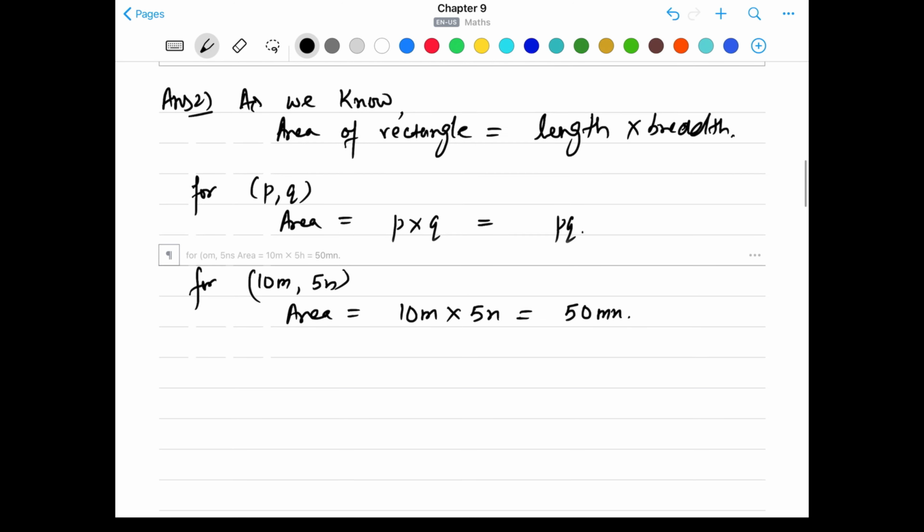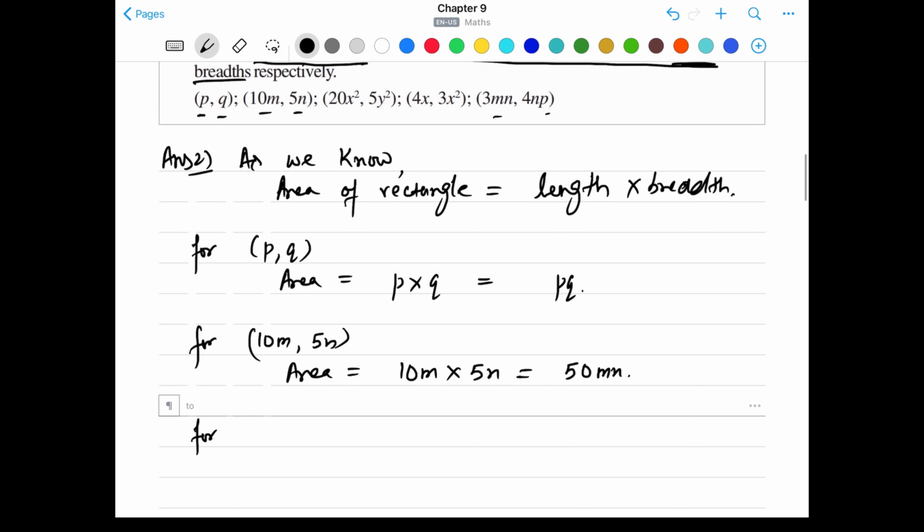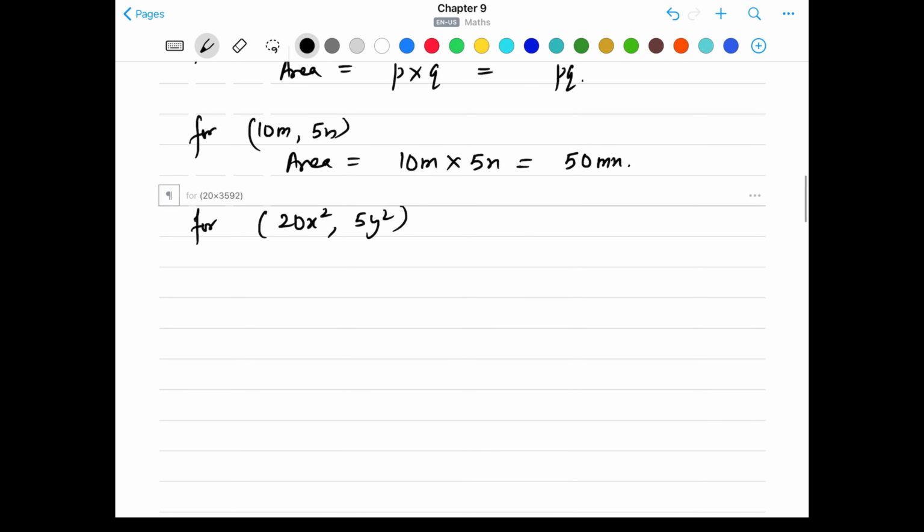Next one is for 20x square and 5y square, area will be equal to 20x square into 5y square. So 20 into 5 will result into 100 and x square into y square.